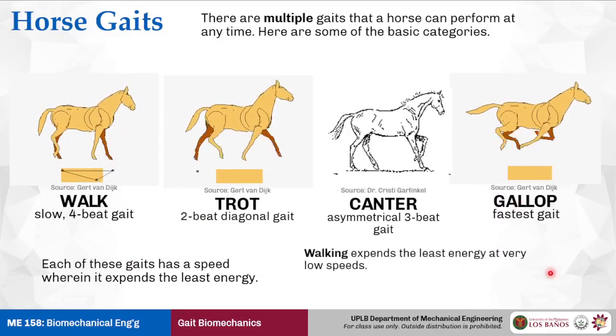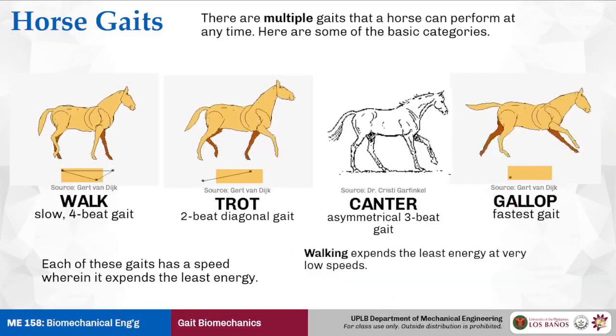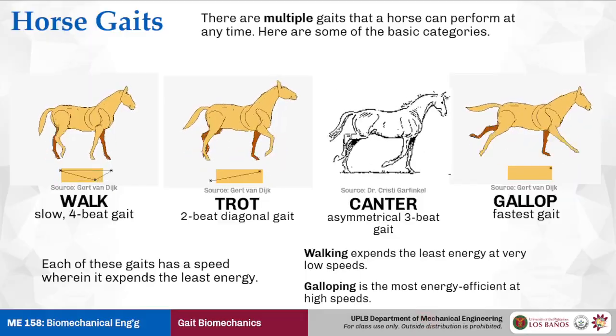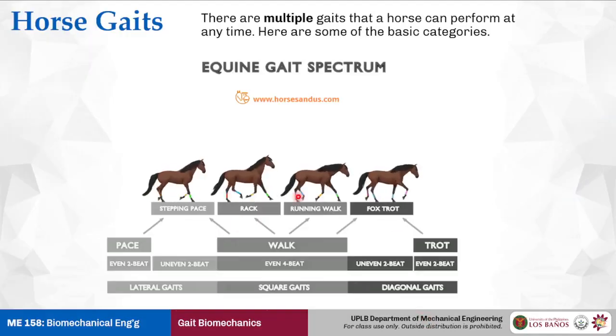So walking expends the least energy at very low speeds, and the gallop is the most energy efficient when moving at high speeds. And these are just the classifications of gait for the horse.